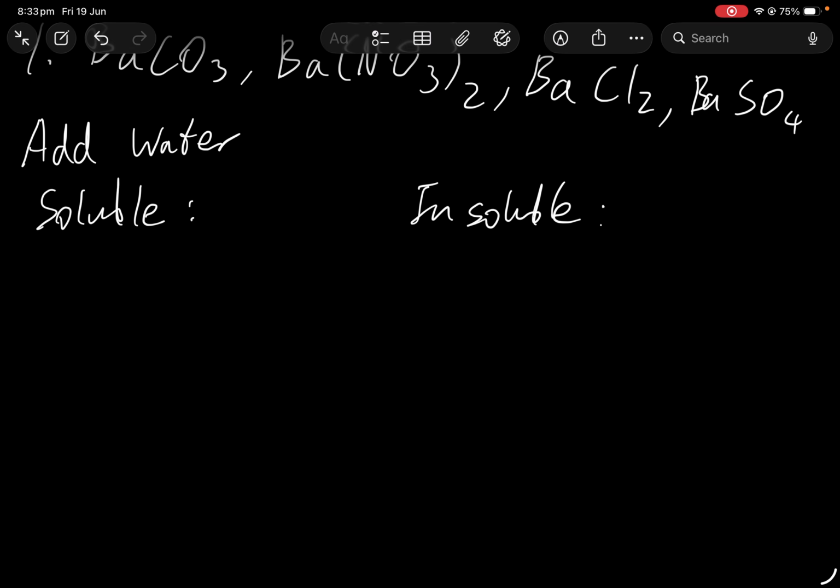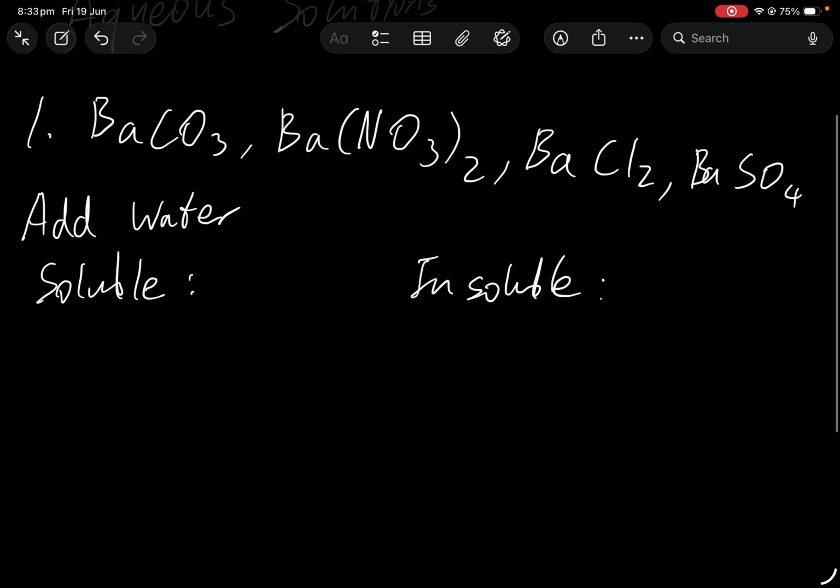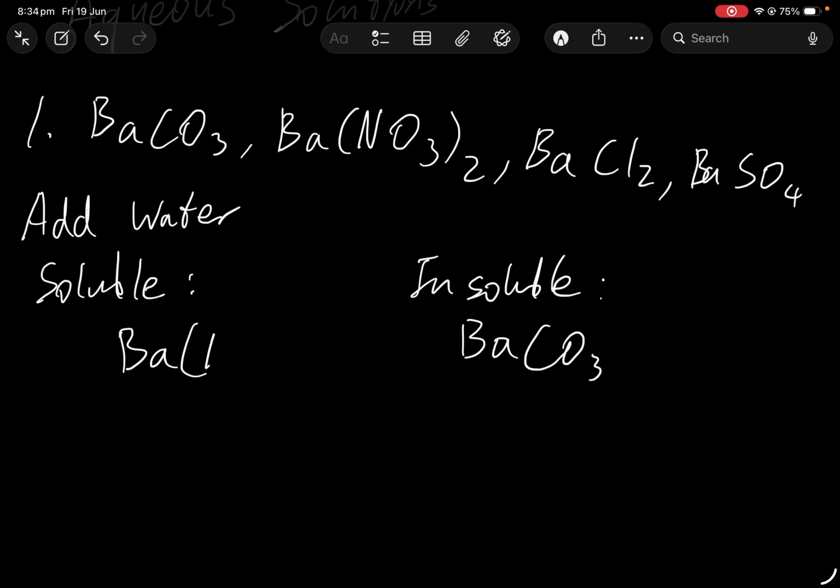So here, barium carbonate. Most carbonates are insoluble. Barium carbonate is insoluble, so it goes here. Then we have barium nitrate. All nitrates are soluble, so the barium nitrate goes here.